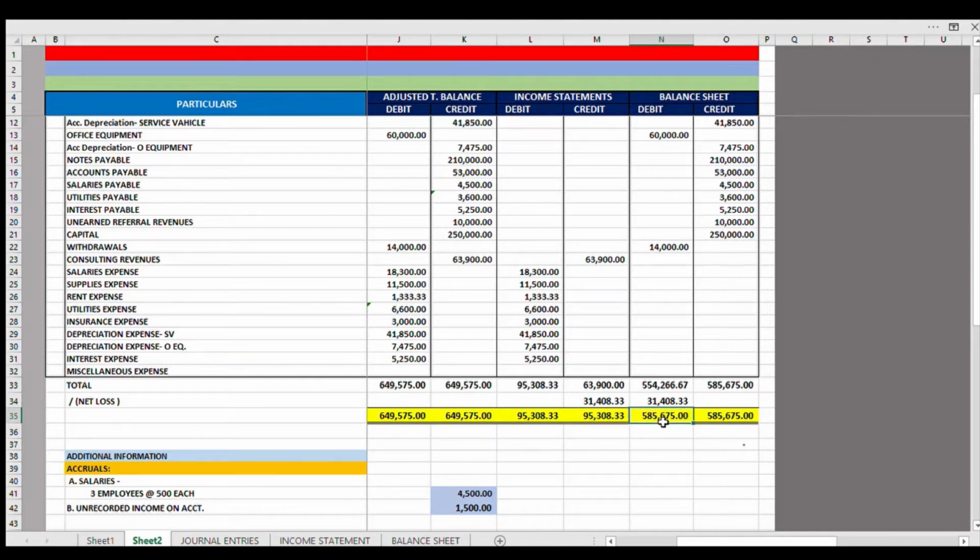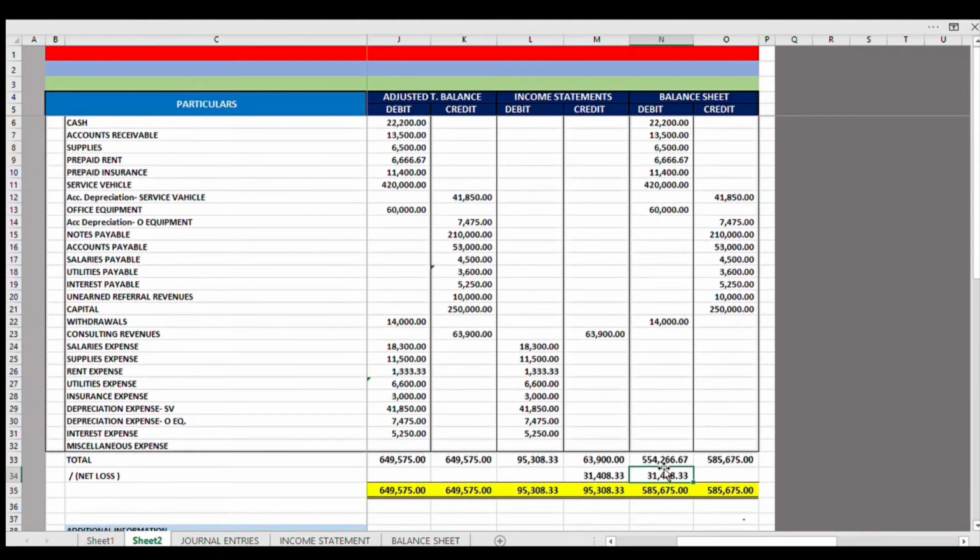So, with this, we are now sure that we have balanced figures here, okay? Considering we have a net loss of 31,408.33. Okay, so this is how this worksheet is prepared and accomplished.